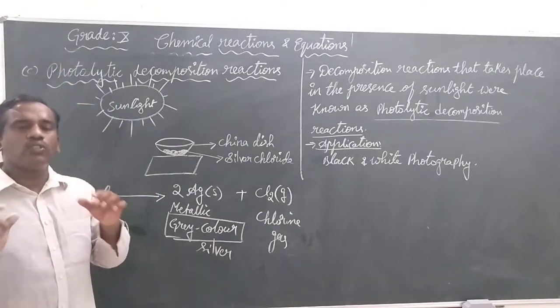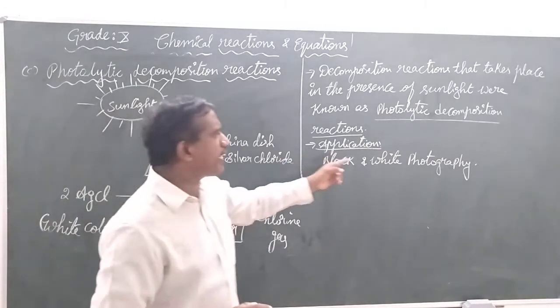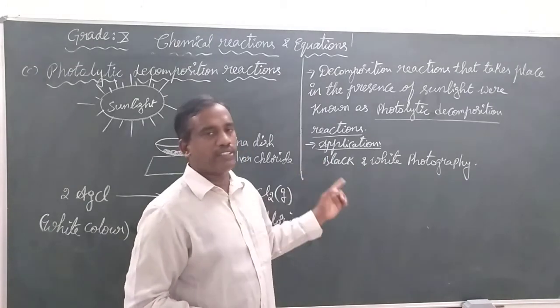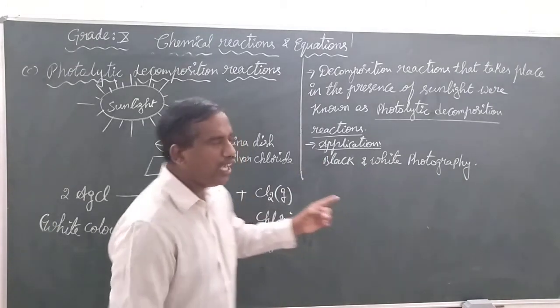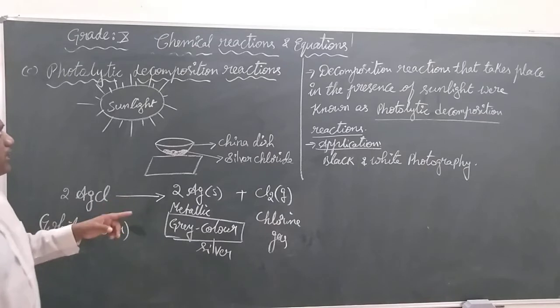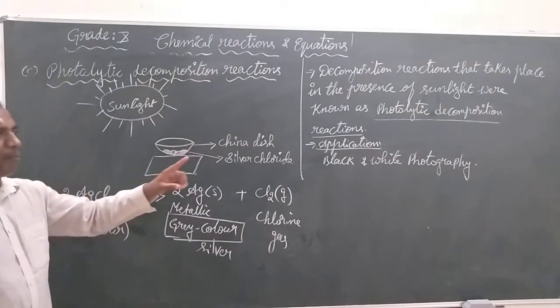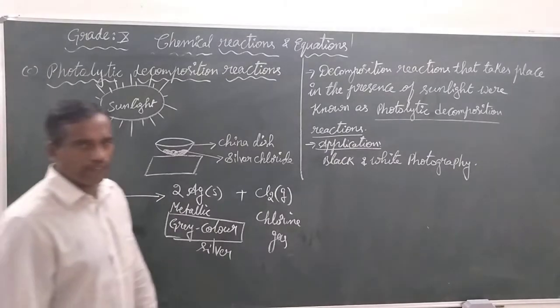There the color used to be developed. So the application is, this is used in black and white photography. Which is used in black and white photography? The photolytic decomposition reaction of silver chloride is applied in black and white photography.